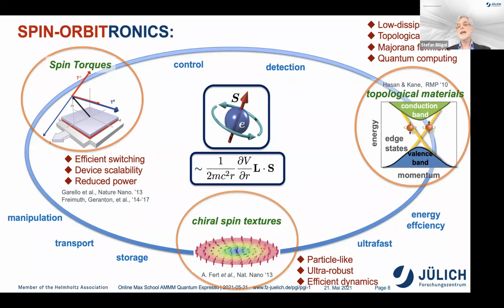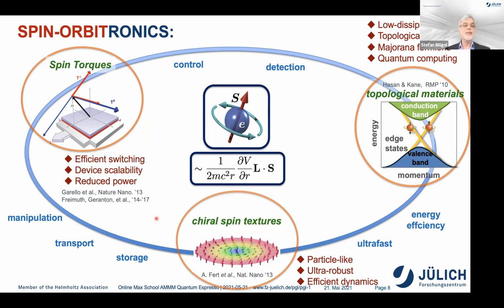But the spin-orbit interaction is also responsible for materials which have topological invariants in the momentum space, in the electronic structure. Due to the bulk-boundary correspondence, they produce edge states and surface states, which are also topologically protected, and therefore they are very robust and have a very small resistivity. They can be described by the topology in the momentum space.